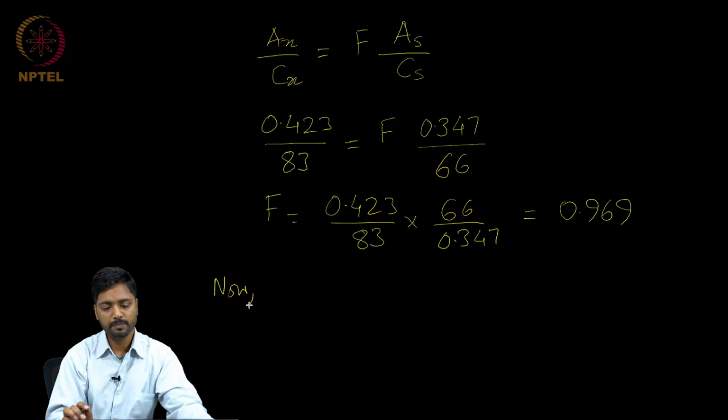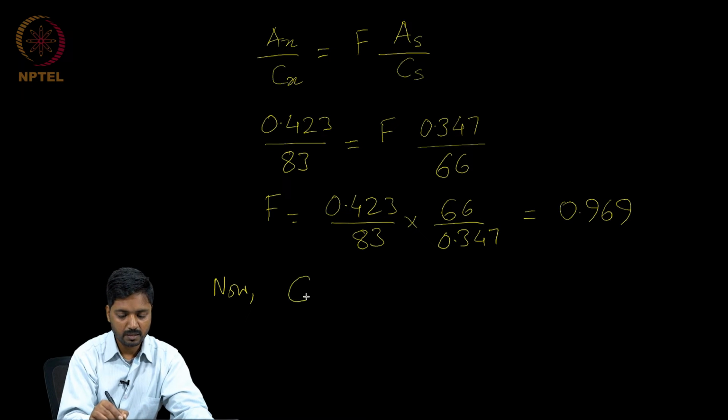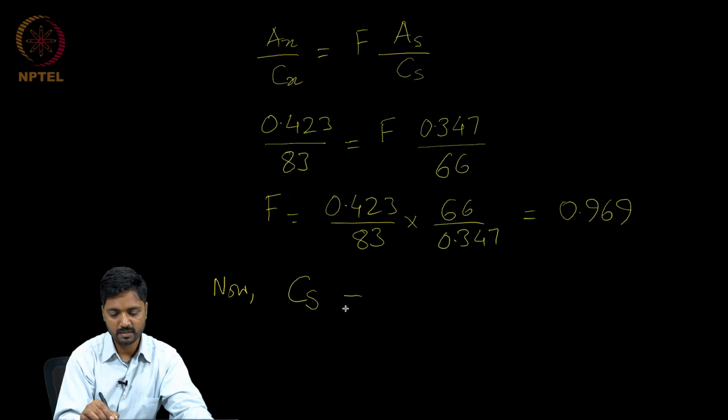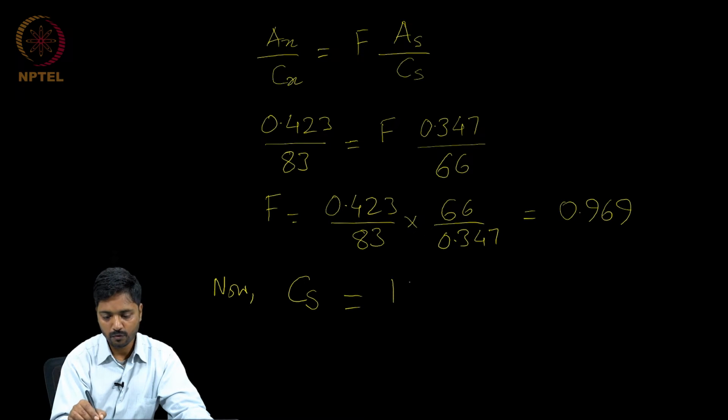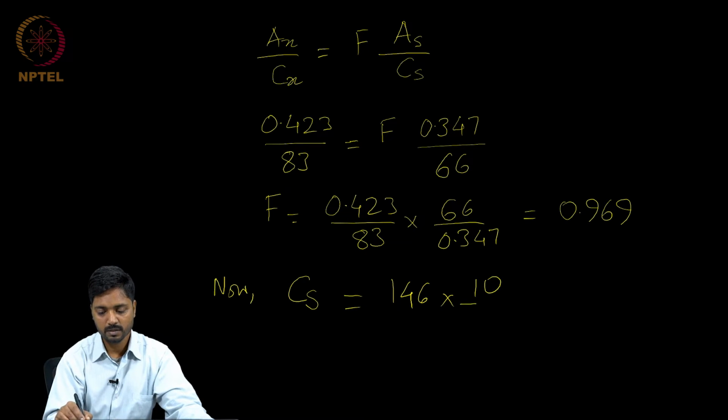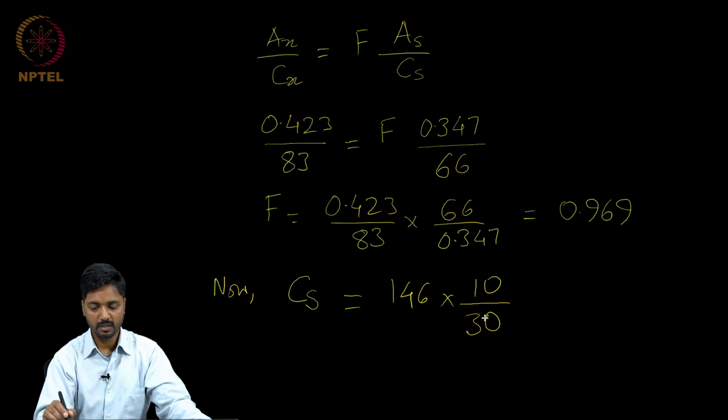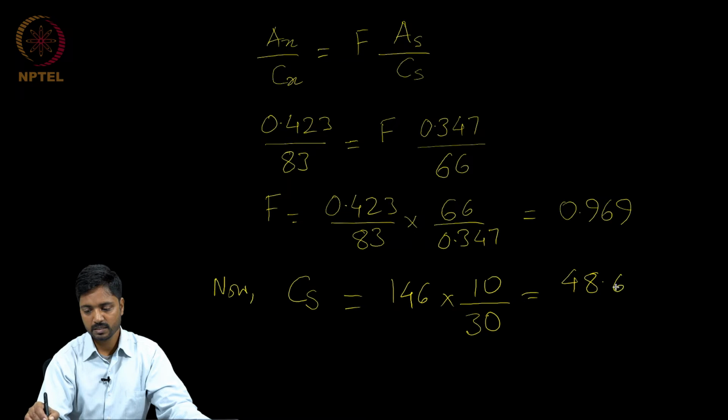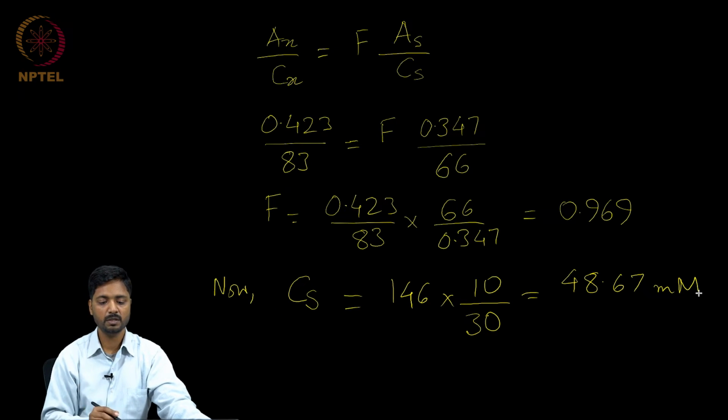Now in the next step, we had the concentration of the standard as 146 millimoles of 10 ml finally diluted to 30 ml, and this turns out to be 48.67 millimoles.